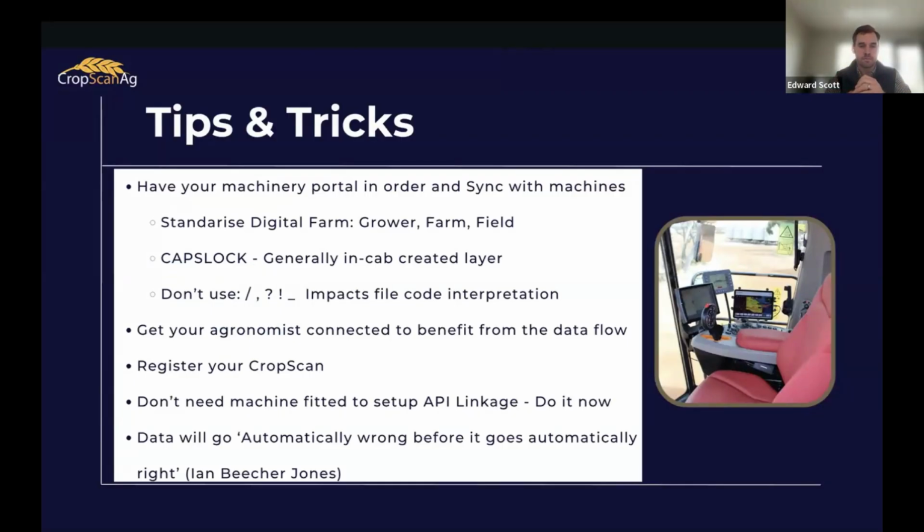Do get your agronomists connected. They're really keen to be connected with some of your data, but often it falls down in that farm and that agro being connected, just added to your account.